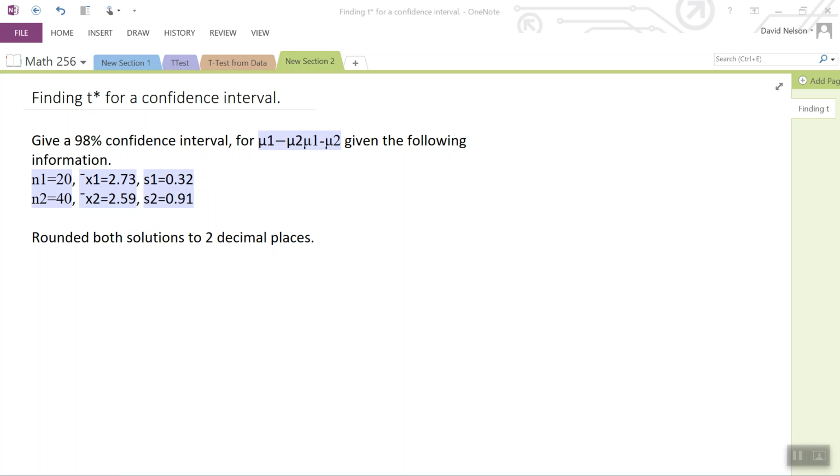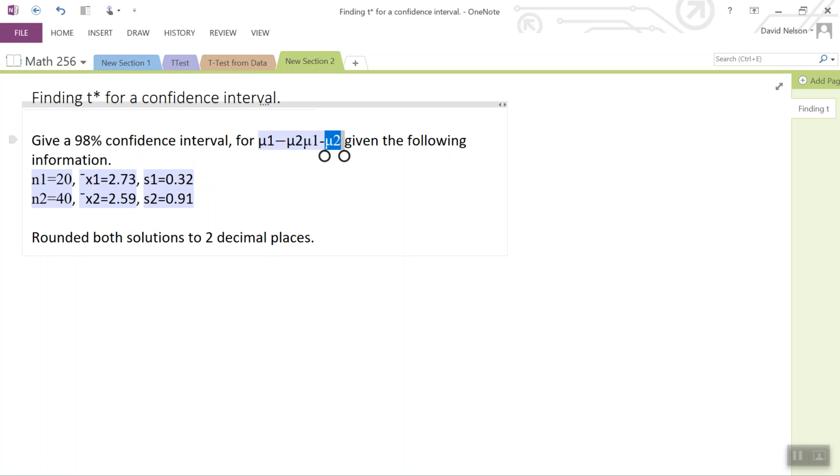All right, we're going to look at solving a problem where we're trying to find a 98% confidence interval for mu1 minus mu2, given the following information.